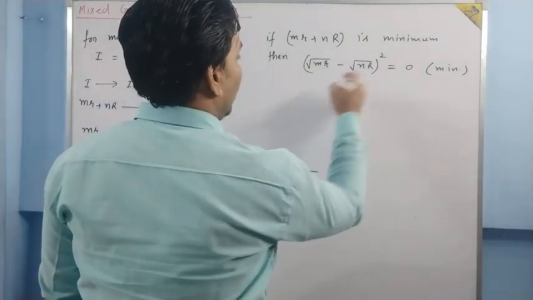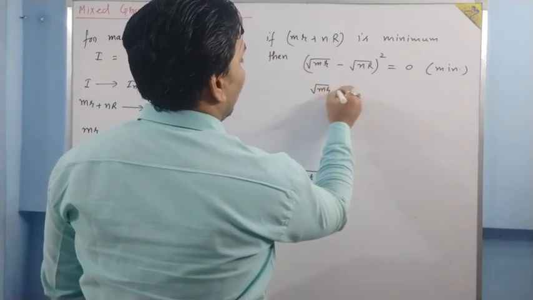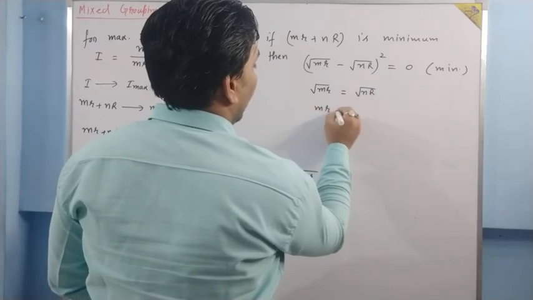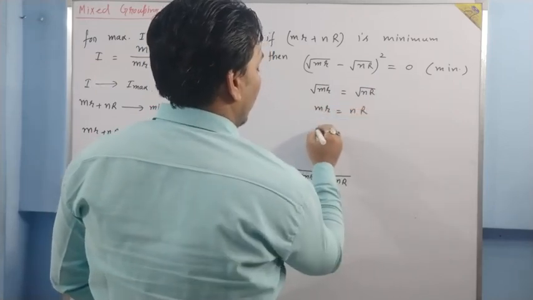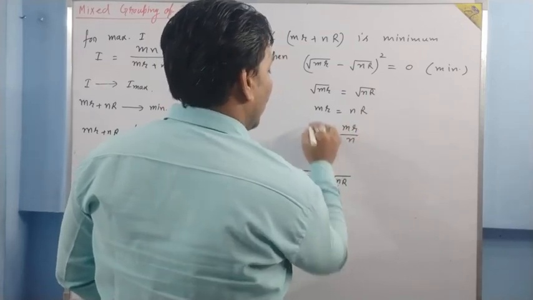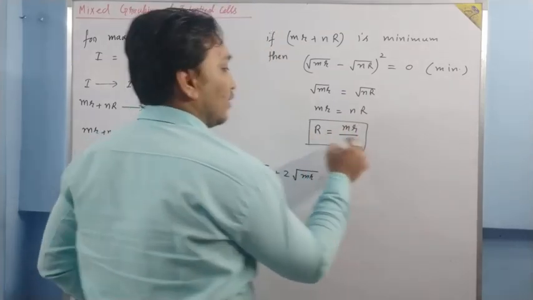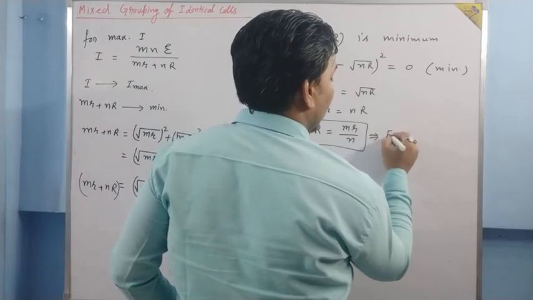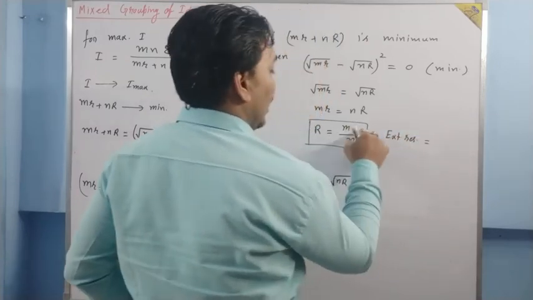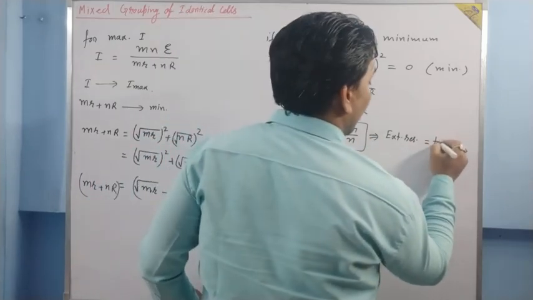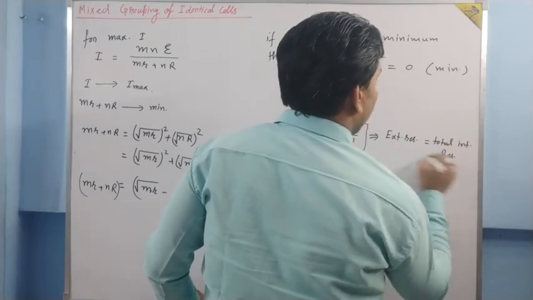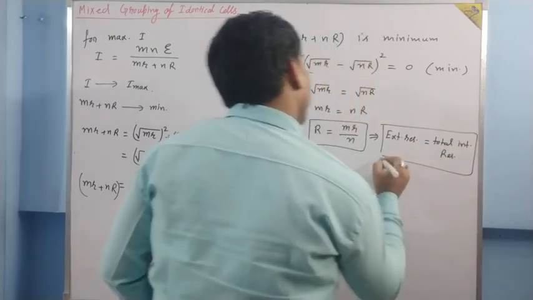And if it is 0, it simply means that root mr is equal to root nR, or we can say that capital R is equal to mr by n. What is that capital R? Capital R is the external resistance. What is that mr upon n? It is the total internal resistance.